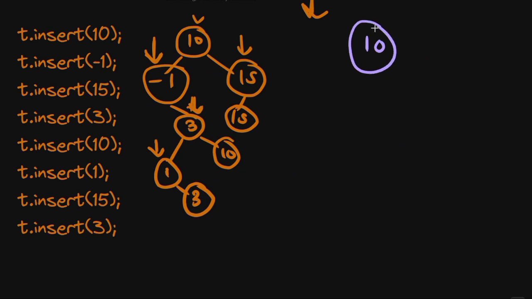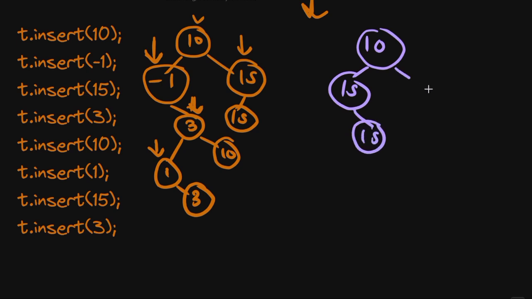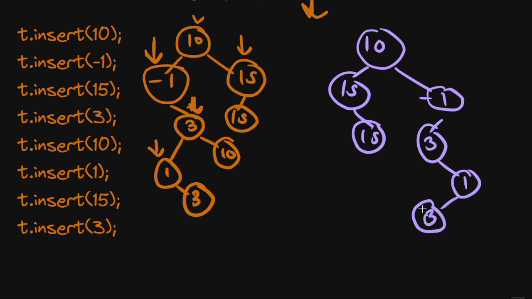So 10 would be here itself. What would happen is we will start here, go to the left, then there is no left, so here we will be swapping, and 15 would come here, then -1 here, 3 here, 1 here, and again 3 here. So something like this will happen, swapping each of the elements.